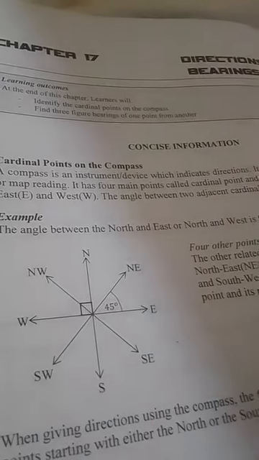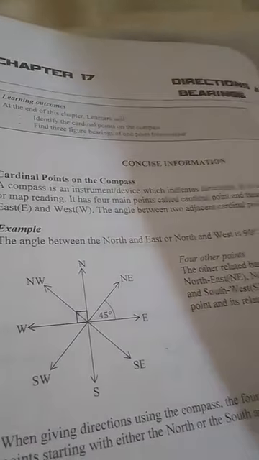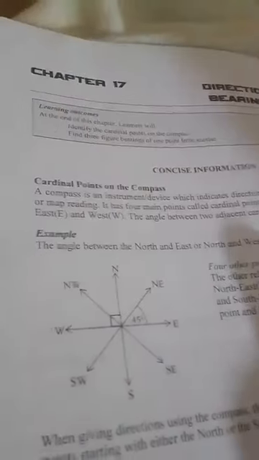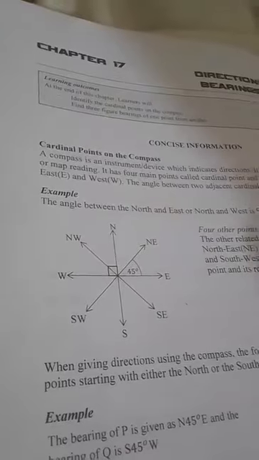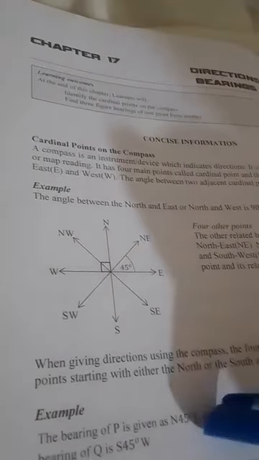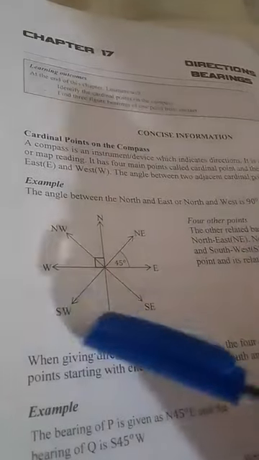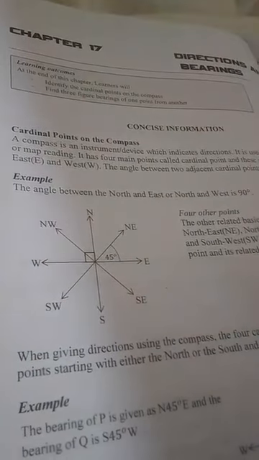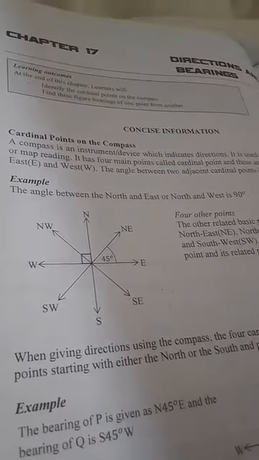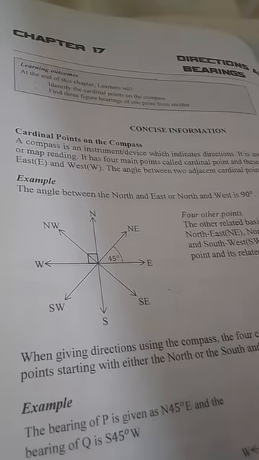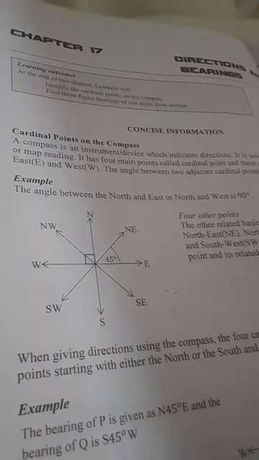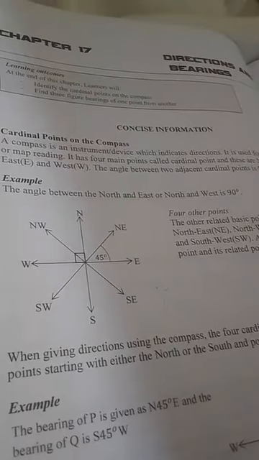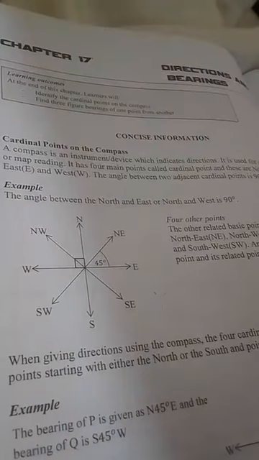Northwest, southeast, and southwest. The angle between a cardinal point and its related point is 45. When giving directions using the compass, the 4 points are used as reference points, starting either at north or south, and pointing to either east or west.